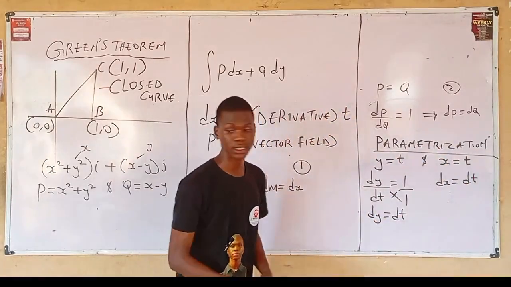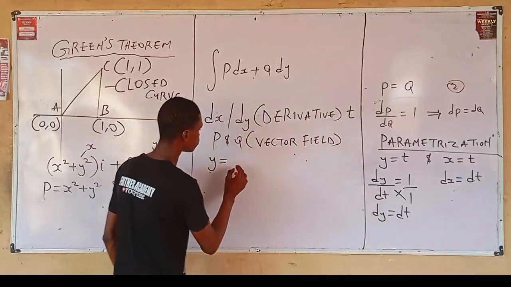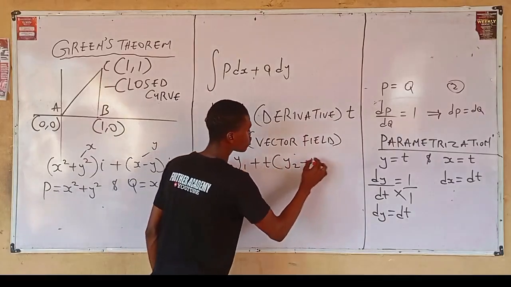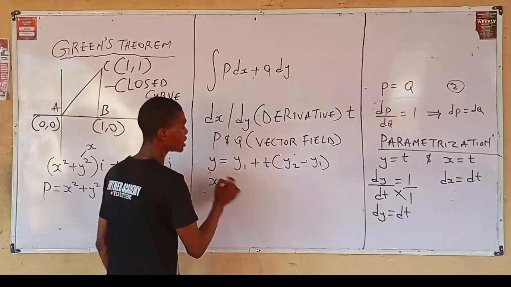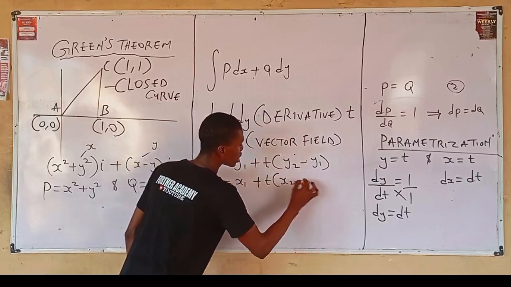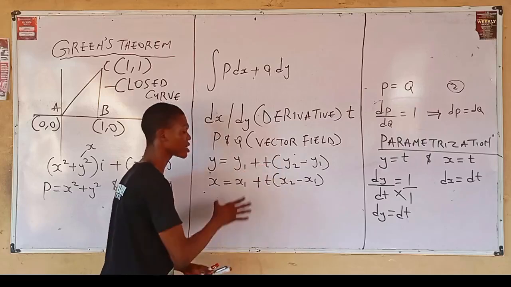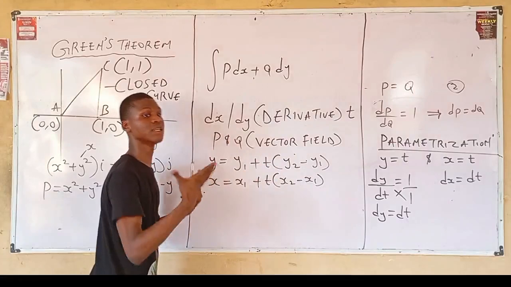And this formula is that for the y function, y is equal to y1 plus t all into bracket y2 minus y1. For the x function, this formula is giving us x1 plus t all into bracket x2 minus x1. Now with this formula, once I've gotten the y function and the x function, I'll be able to differentiate.